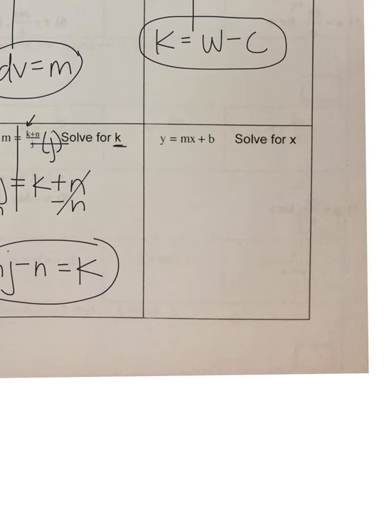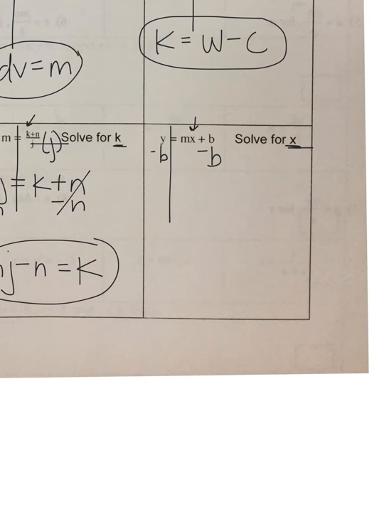Last one. Y equals mx plus b. This equation will be your new best friend very soon. He is slope-intercept form. We'll graph this guy like nobody's business. But for now, all we're doing is solving for x. So he's on this side. So let's get that b moving first.